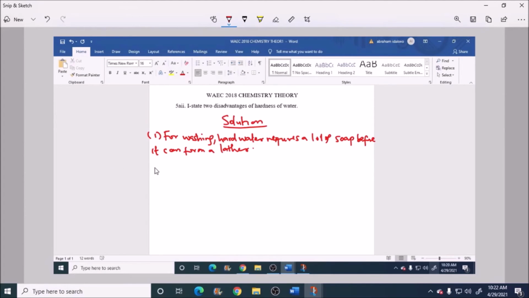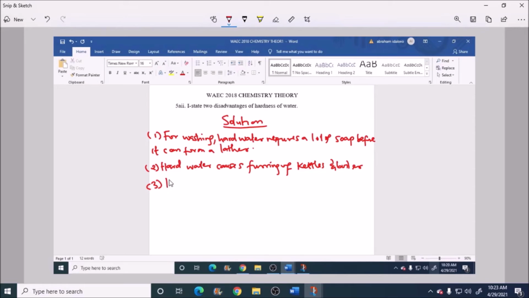So we have number two, disadvantages of hard water. Hard water causes fouling of kettles and boilers. So it can cause the bottom of the boiling kettles or boilers to foul. It can cause the fouling.